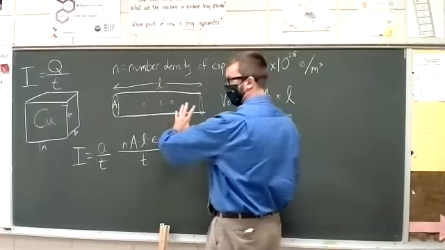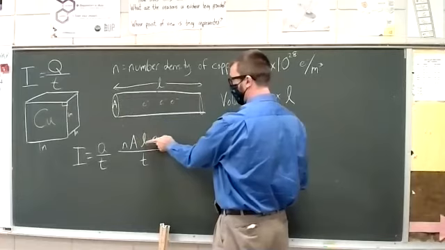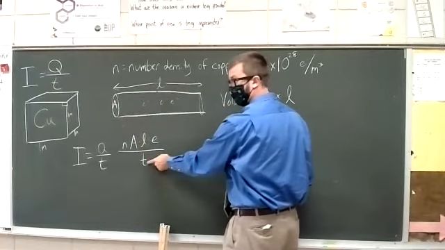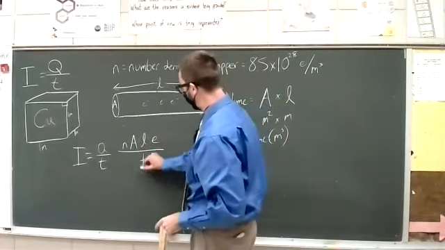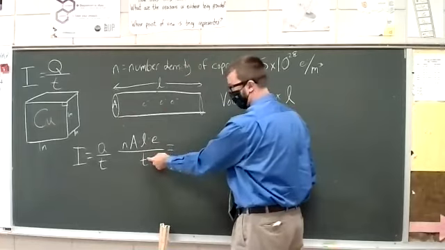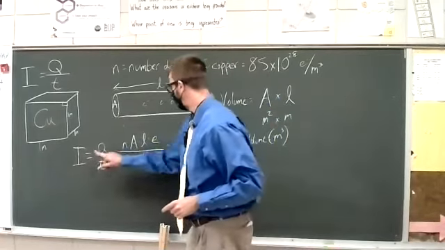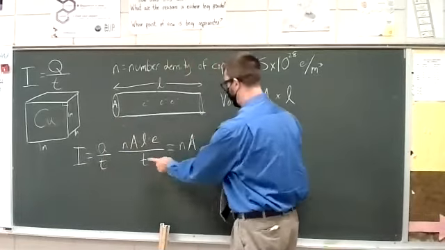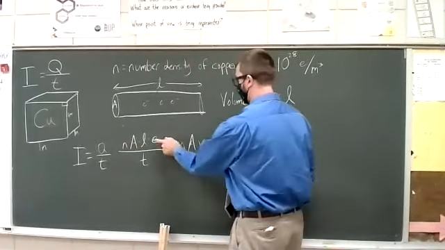They're moving with velocity. That velocity is what? Distance, length, divided by time. So I substitute in for L over t what it's equal to, velocity. And that's how I get I equals n A L over t, which is velocity, times elementary charge here.